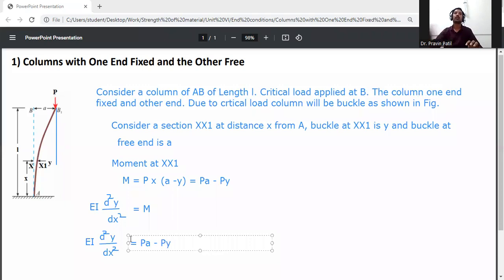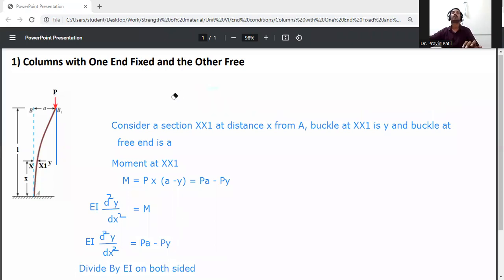Divide by EI on both sides to get this equation.